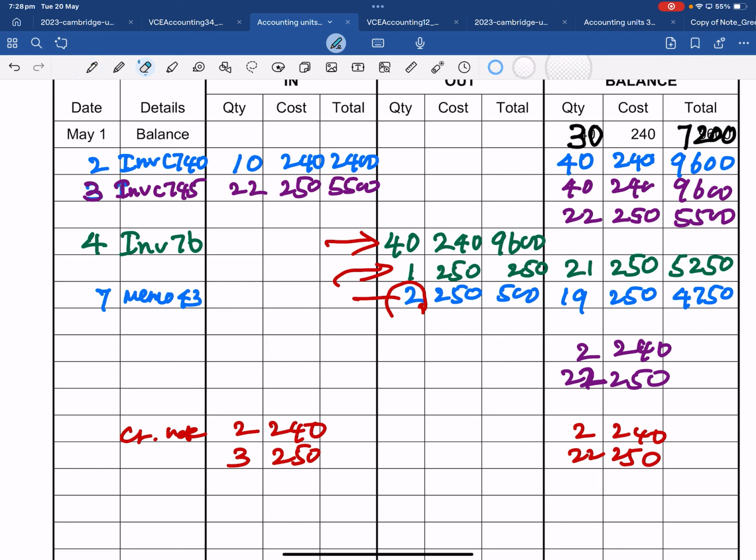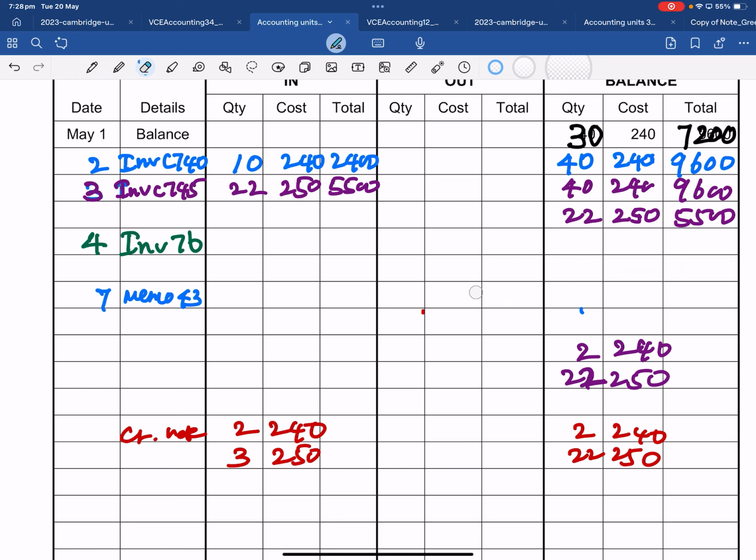Now, what I'm going to say is, look, we are going to say that at the first instance he purchased only 36. And now we'll see what will happen to the balance. Okay, so invoice 2076, I'm going to say he purchased only 36 at 240.